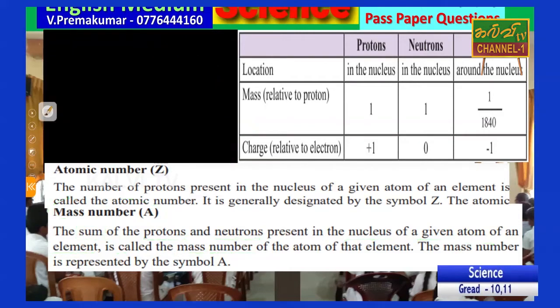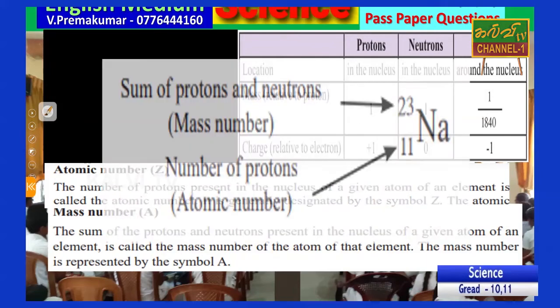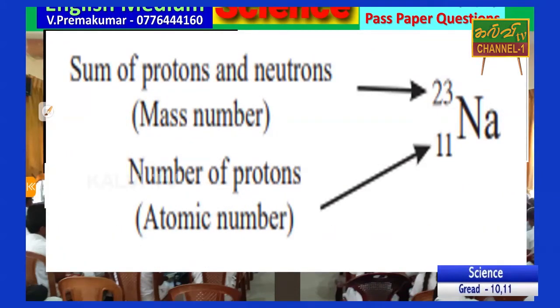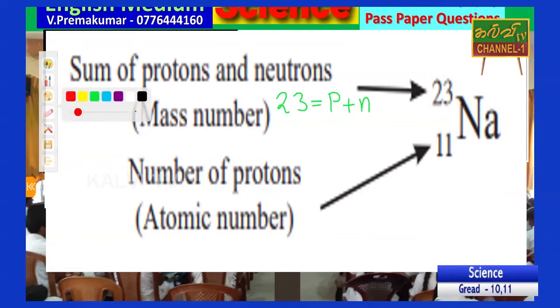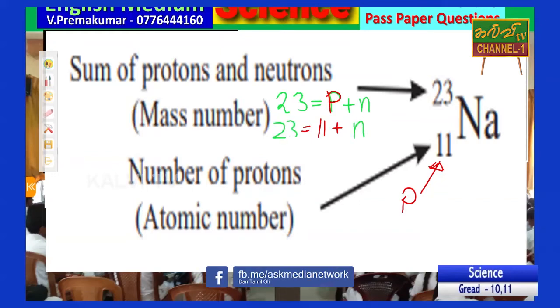We can move to the next slide. Here, the sum of protons and neutrons, that means mass number. Say 23 equals protons plus neutrons. But here P indicates the number of protons. Therefore, instead of P we can put 11, and the mass number is 23.